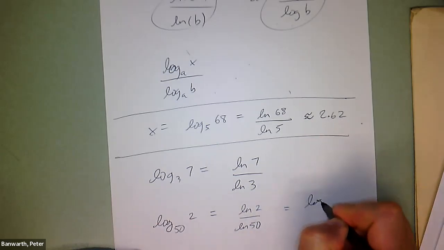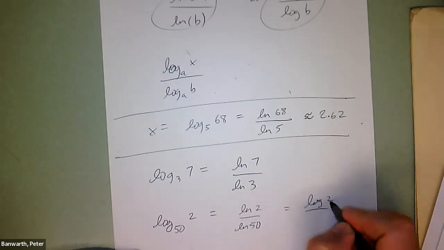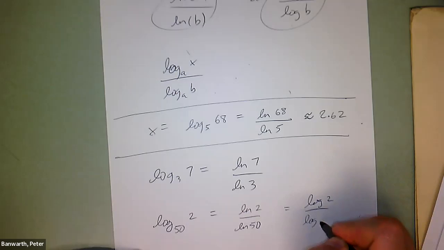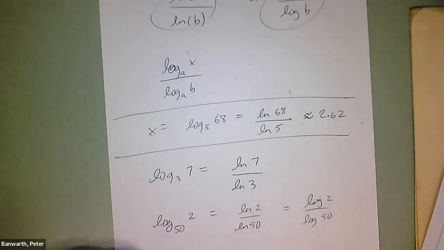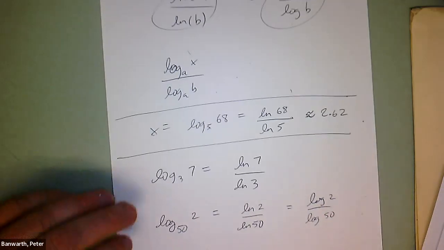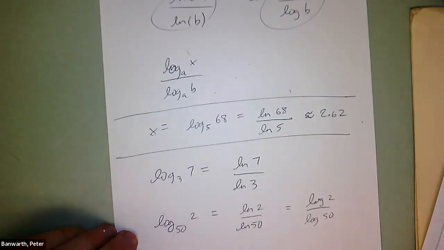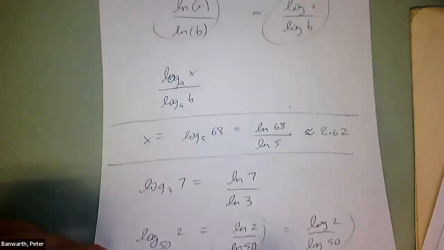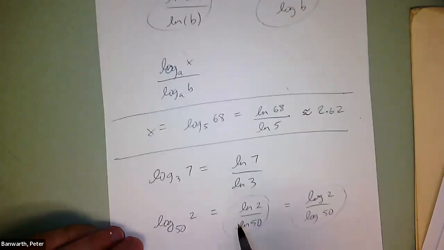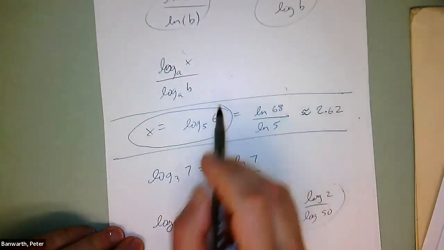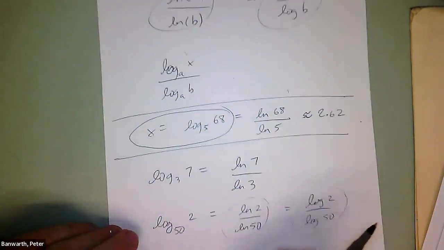I could also write it as log base 10 of 2 over log base 10 of 50 if I wanted to. This is useful only insofar as now my calculator can give me a decimal approximation. But I will always accept an answer written in any base. All right.